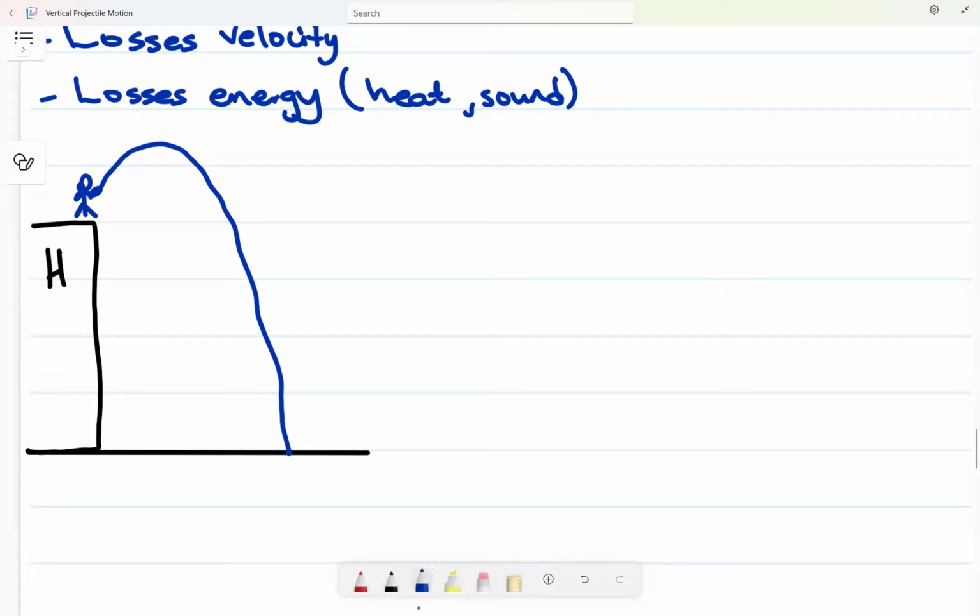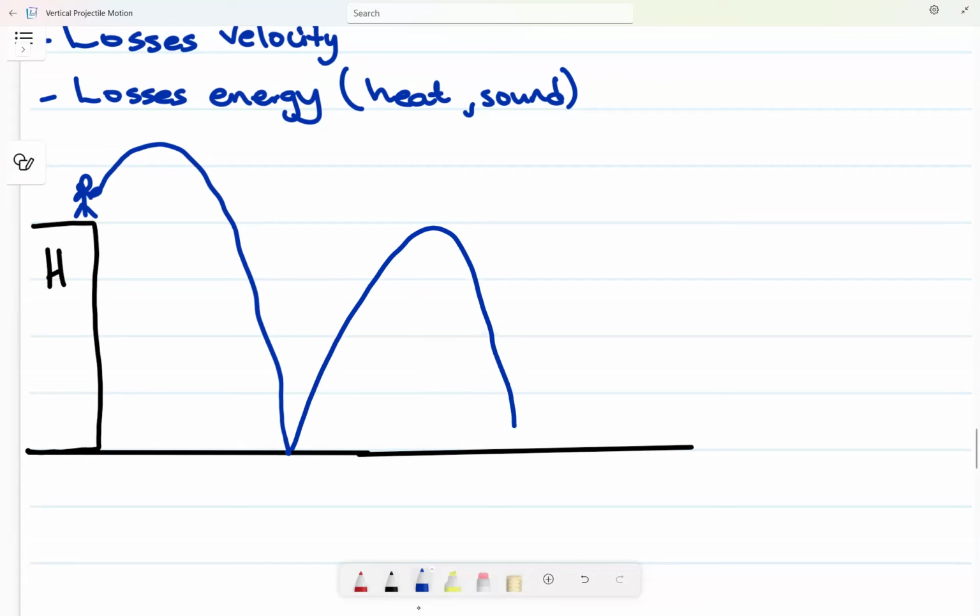Then it bounces. Remember, when the ball bounces, it does not bounce to the original height. We can all agree on that, right? Why? Because it lost energy, and the velocity is lost. It will do that eventually.